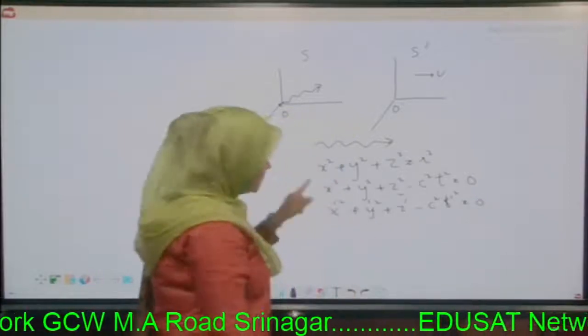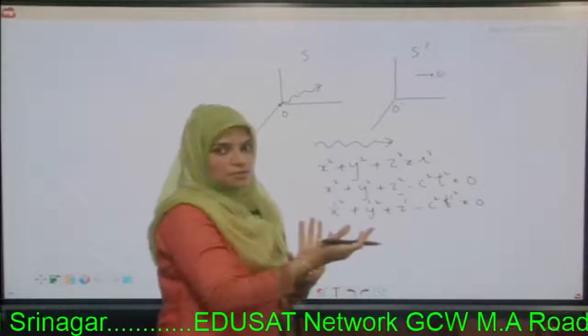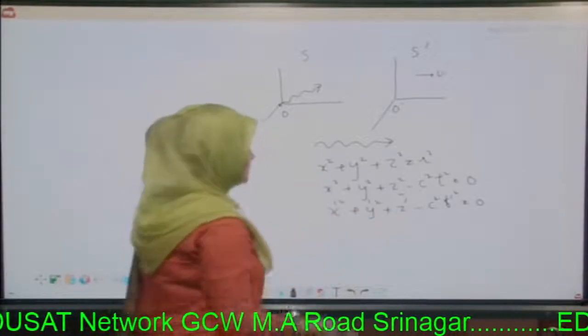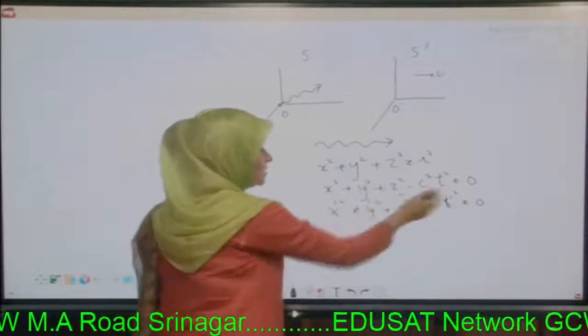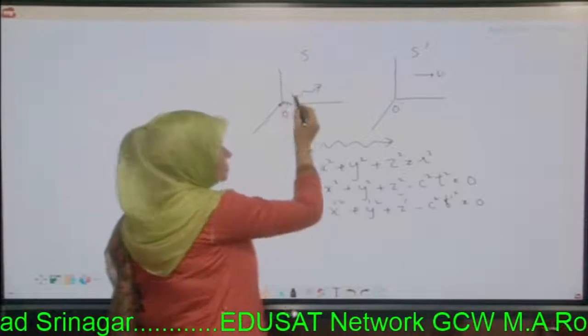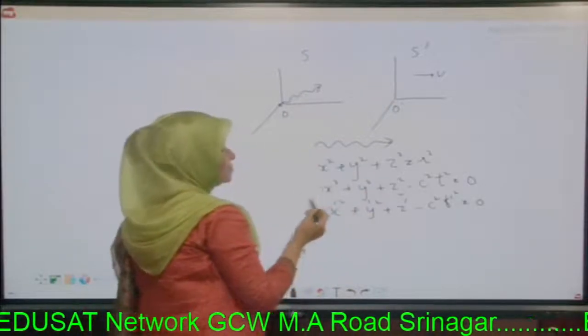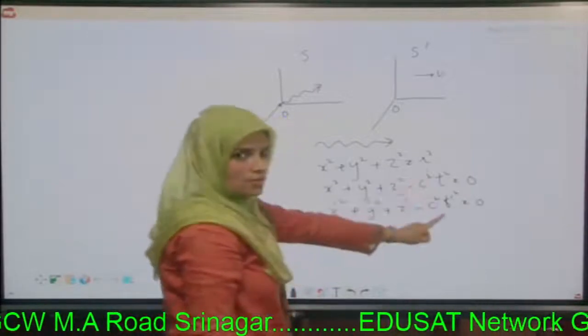And if both the equations refer to the same event, because we believe that we have done a one-to-one correspondence between 2 reference frames while describing this event, then obviously this and this factor, they will cancel out when we equate these 2 equations, because again we assume that y and y dash are parallel, z and z dash are parallel, and we have chosen to synchronize the clocks of the 2 reference frames, so that way t and t dash are also identical.